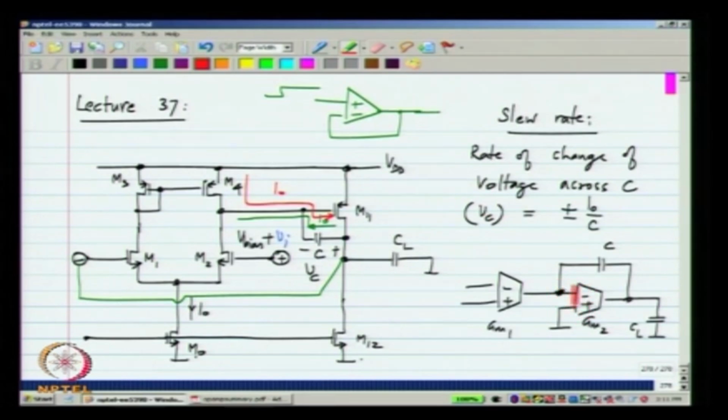If GM2 becomes very large, if the second stage has an ideal op amp, this voltage will be at 0. So, this voltage is approximately 0. So, Vc is simply the output voltage itself, Vc equals V naught. So, this is not only the slew rate of the voltage across the capacitor, but it is also the slew rate of the output.